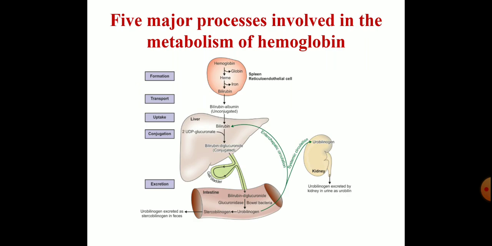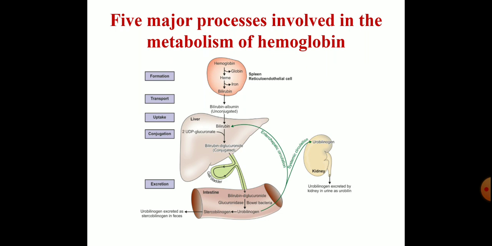Then the major processes involved in the metabolism of hemoglobin. First is the formation of bilirubin. Then this bilirubin is transported to the liver. The liver takes up this bilirubin and conjugates it with 2 molecules of glucuronic acid to form bilirubin diglucuronide.